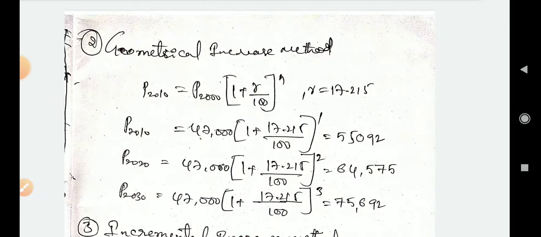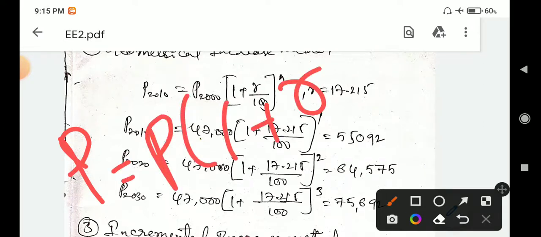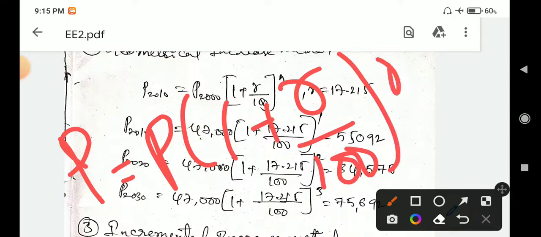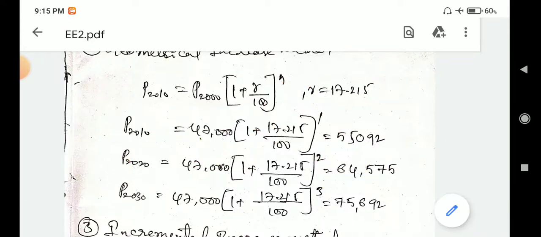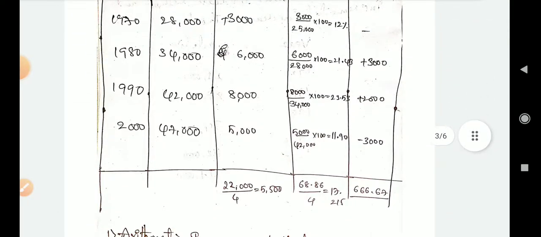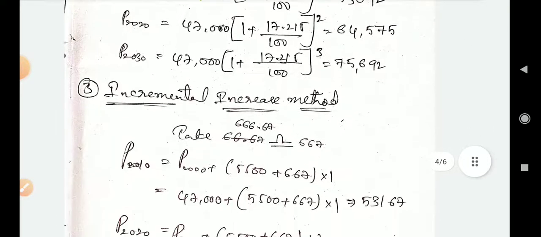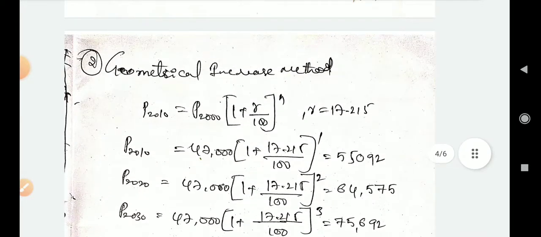Geometrical increase method. The formula is P equals P0 times (1 plus r over 100) to the power n. The population in 2000 is 47,000, and r is the average percentage, 17.215, taken as the r value, divided by 100.